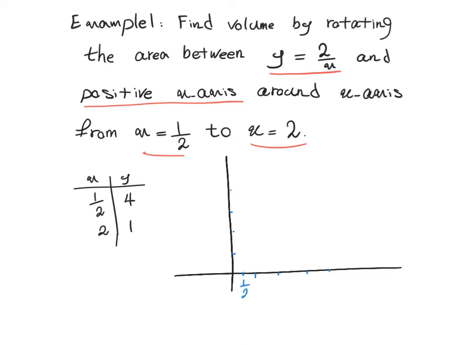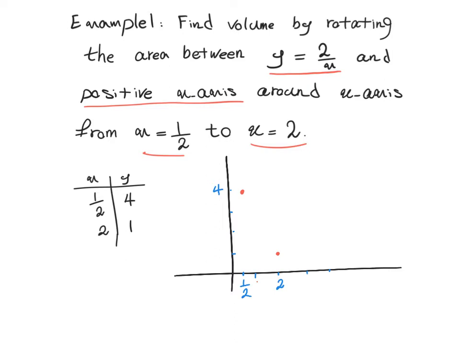So that is 1 over 2. If you give 1 over 2, it will be 1, 2, 3, 4 here. So this is your first point. Second point, if you give 2, that is 1, and this is your 2, will be 1. Kind of here.